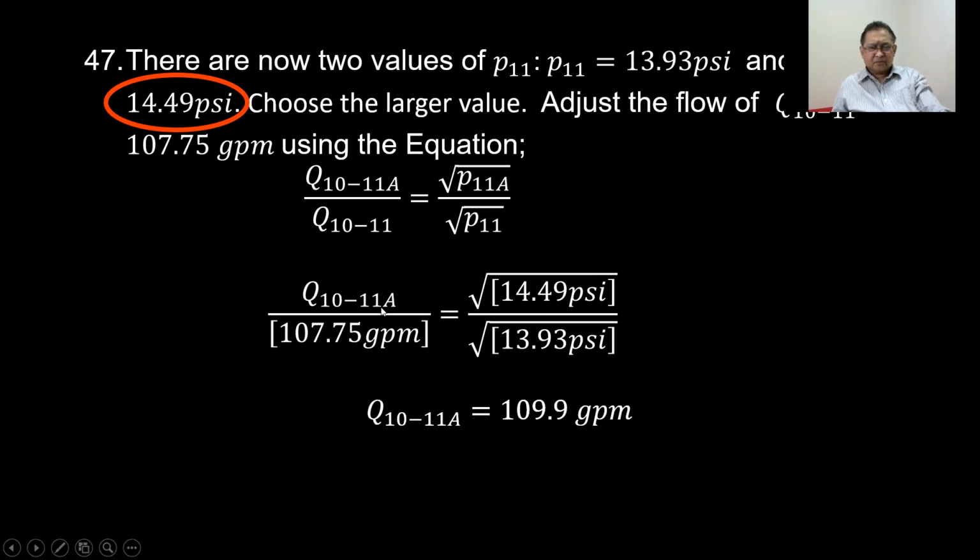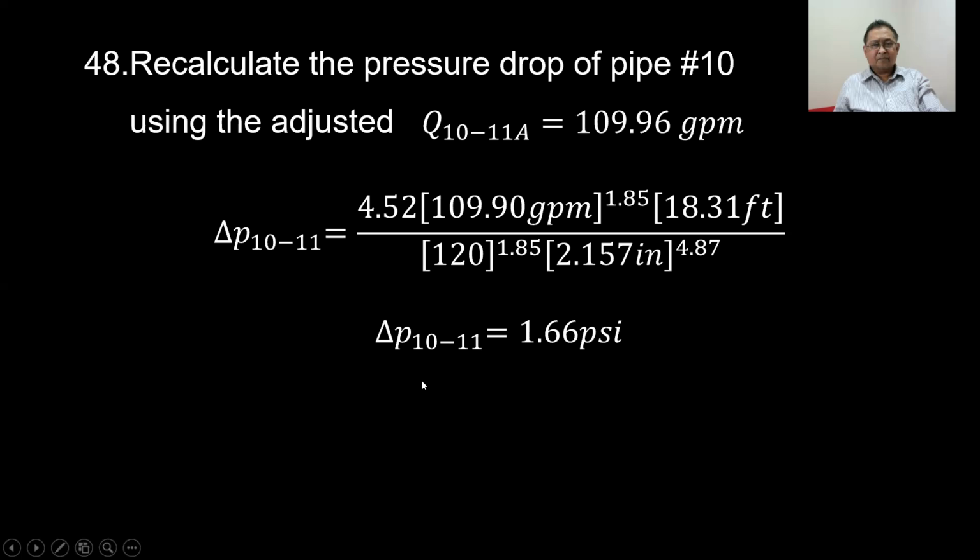So Q sub 10 to 11 adjusted divided by 107.75 equals the square root of 14.49 divided by the square root of 13.93, and the adjusted flow from node 10 to node 11 is 109.9 GPM.